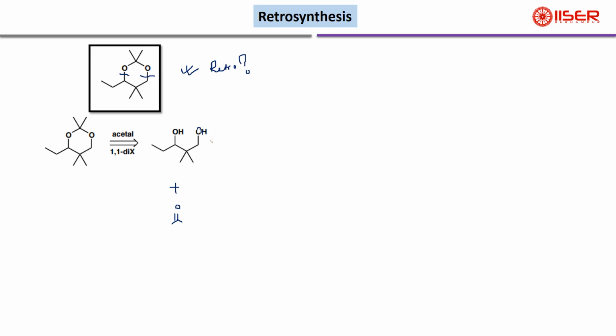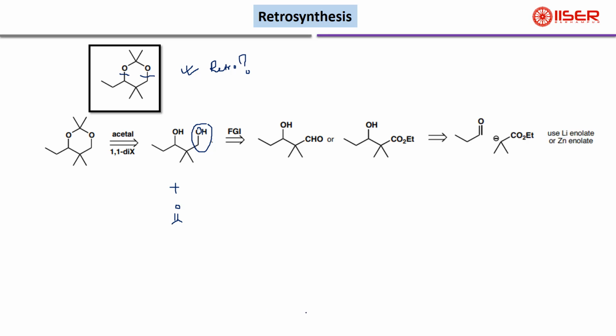In the next step, with functional group interconversion, if you just change this alcohol to aldehyde or ester and break this bond from this place, then there will be a positive charge here that can be compensated by adding an OH, and there will be a formation of aldehyde.